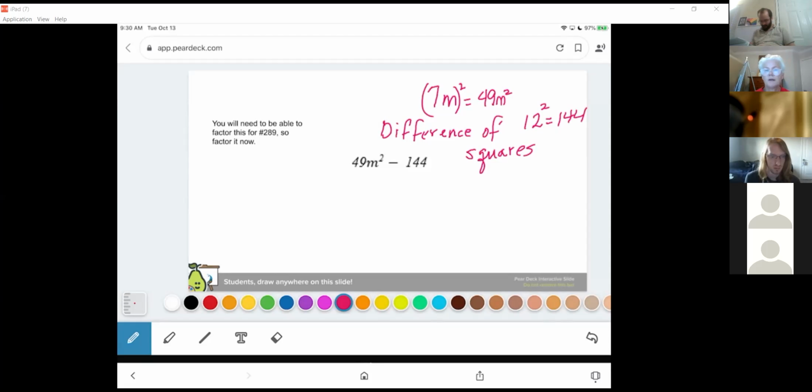Okay, so hopefully y'all recognize this as the difference of two perfect squares. The difference of squares always factors to be a minus b times a plus b. So this would just be 7m minus 12 times 7m plus 12.